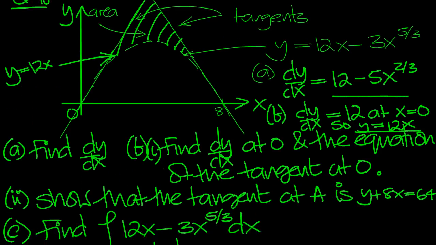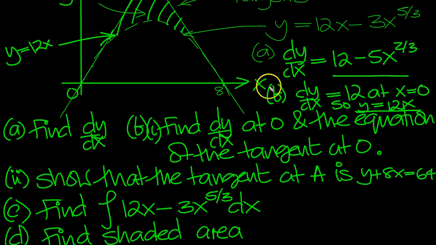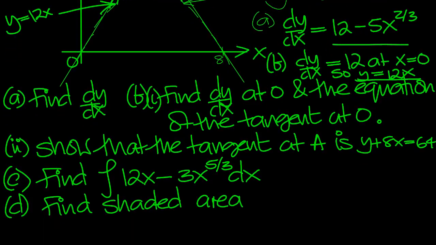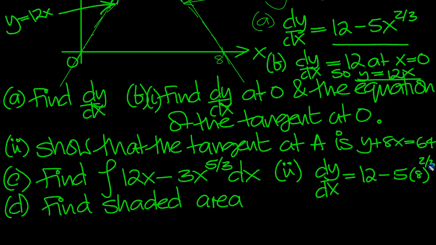Okay, so show the tangent at A then. Now we want the tangent at A. We've got the derivative, so this is part 2, and we can just work with the dy/dx. dy/dx is equal to, now I want to put in the value at A, and A has the x value of 8, so it's 12 minus 5 times 8 to the 2/3. 8 to the 1/3 is 2, and 2 squared is 4.